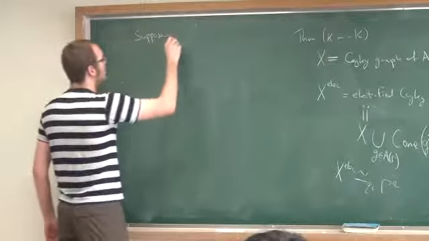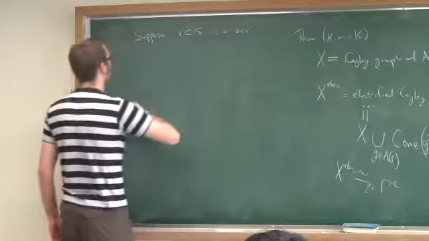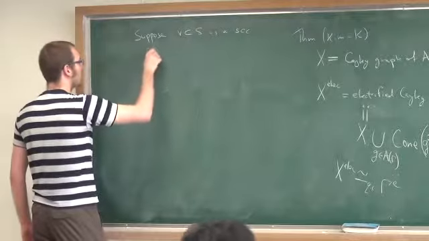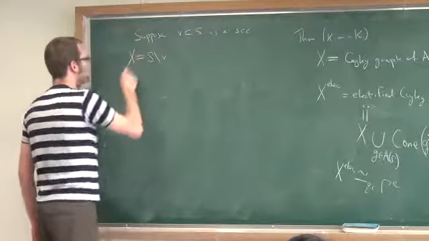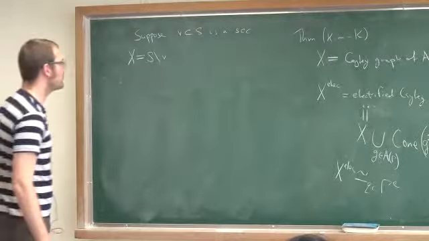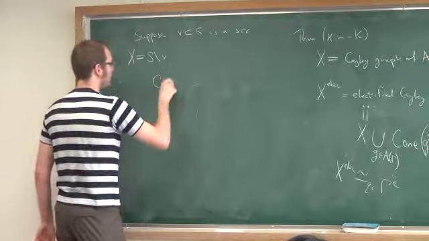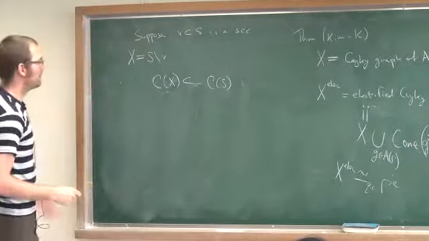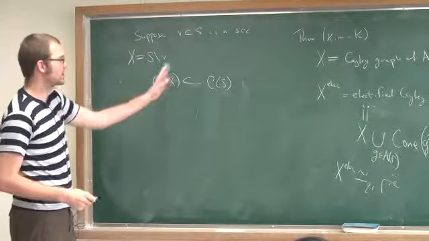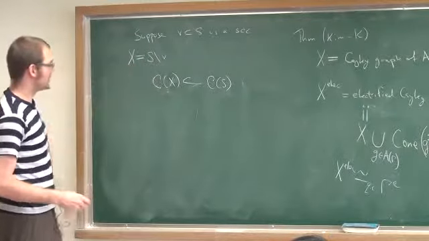Suppose V on S is a simple closed curve. Then we can look at S without V, and we're going to think of this as X. Clearly the curve graph of X includes into the curve graph of S. But there's a better description of this inclusion than just thinking of it as an inclusion of graphs given by an inclusion of surfaces.